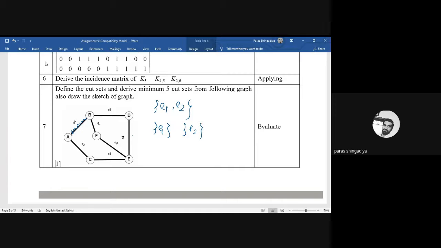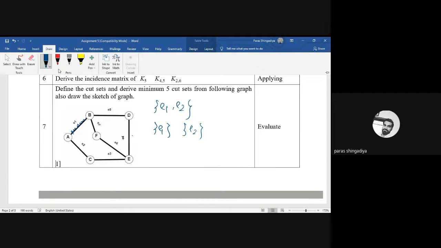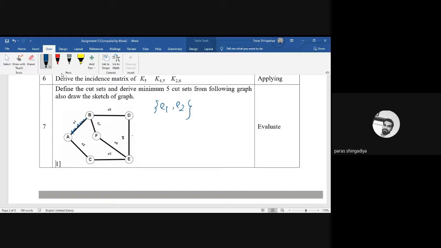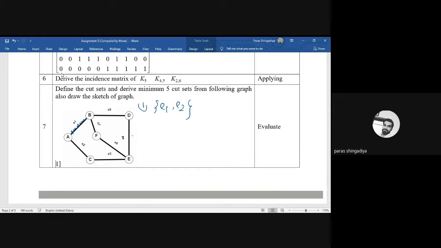So this set of edges, when we delete this set of edges from this graph, makes the graph into two partitions, and it has no proper subset which makes the graph disconnected again, okay. So this E1 and E2, it is an example of a cut set, okay, that is one example of a cut set.